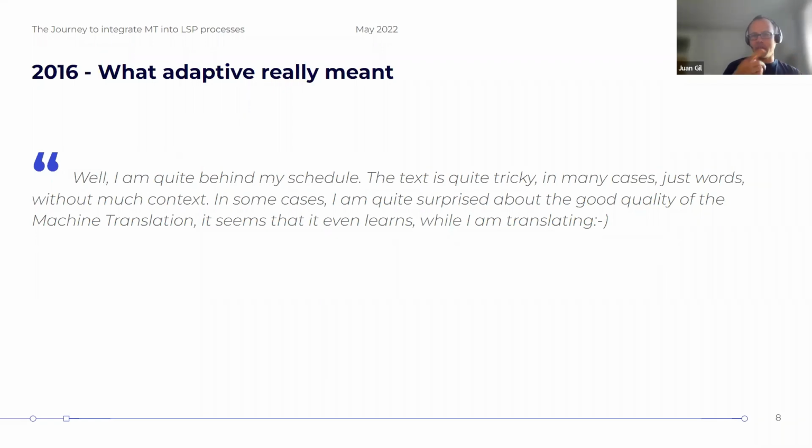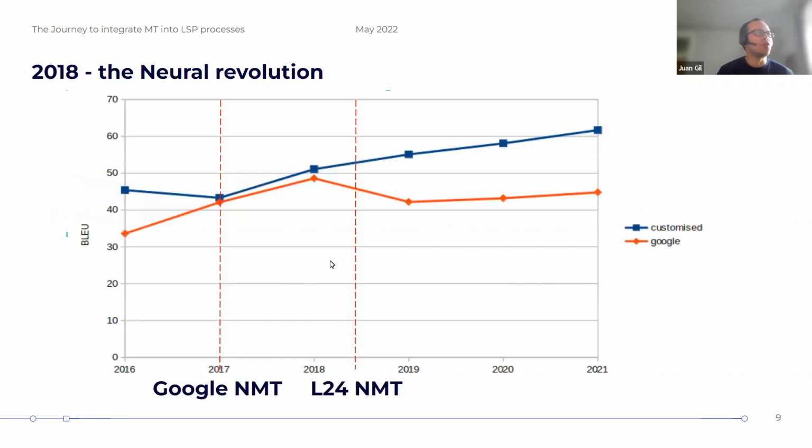So literally every translation kind of retrains the engine in memory. This is one of the quotes that we like, which was from a translator. We didn't tell them that we had that when we enabled it. So it literally made a big change in terms of how translators work with MT. This is adaptive, right? And then we all know neural, right?